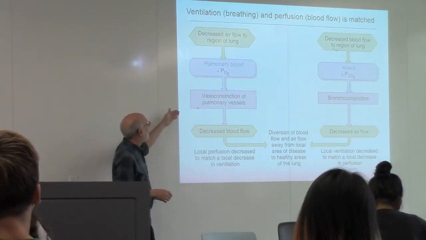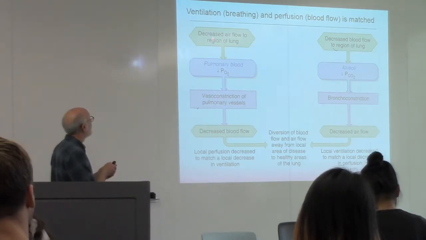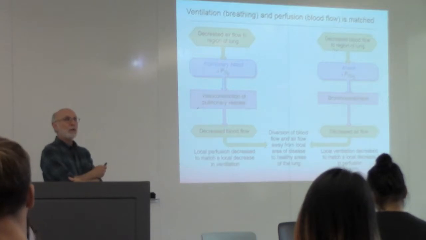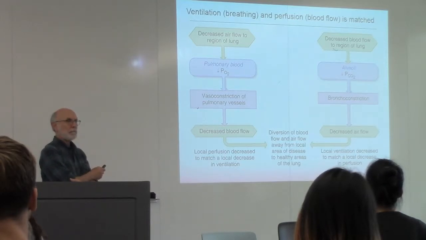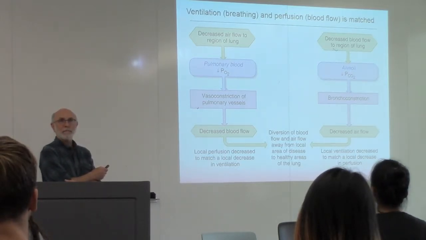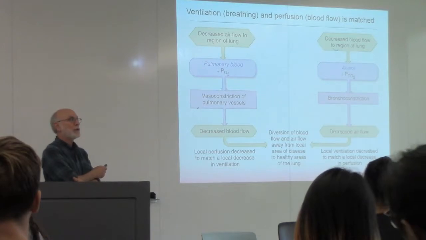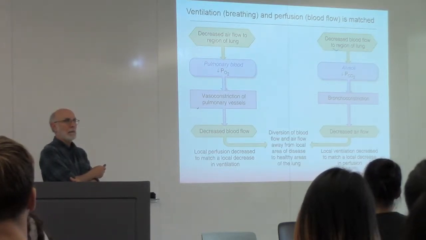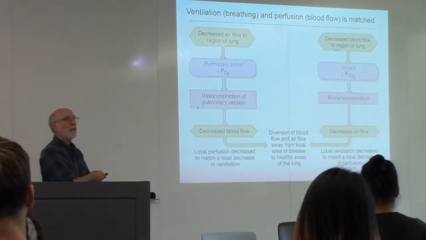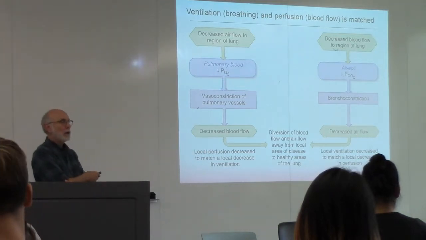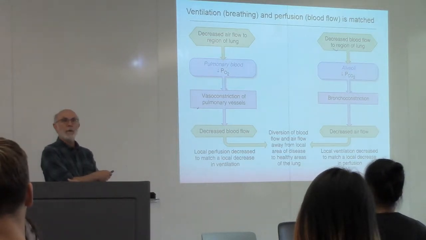So if there is a region where airflow to a part of the lung is decreased, some kind of bronchoconstriction, then we constrict the blood flow to those areas to try to match perfusion and ventilation. And how do we do that? Well, arteriolar smooth muscle can contract. It's probably a Gq coupled story.